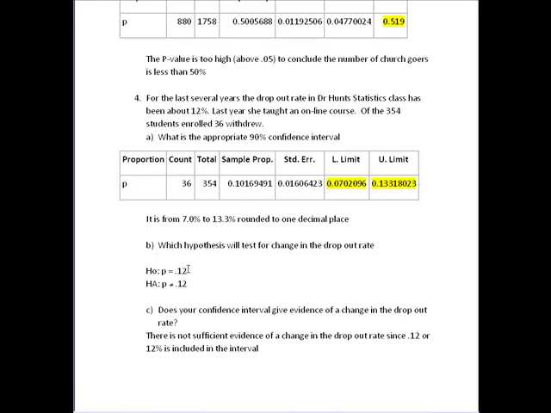Well, we're comparing it to 12%, the ordinary dropout rate. 12% lies within our confidence interval, between 7% and 13.3%. So it's possible it's 12%, it's possible it hasn't changed. So there's no sufficient evidence of a change in dropout rate since 12% is included in the interval.